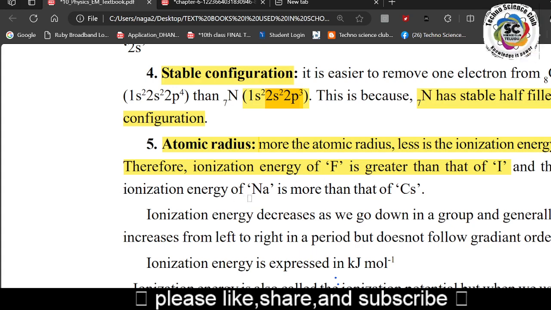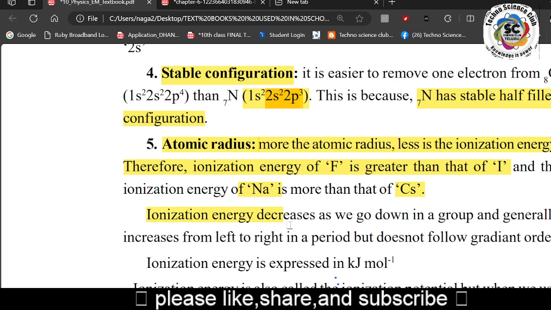We can also take sodium and cesium as an example. Sodium has 3 shells only, and cesium has 6 shells. So cesium has a larger atomic radius than sodium, and so less ionization energy. Sodium has a smaller atomic radius, so it has more ionization energy.